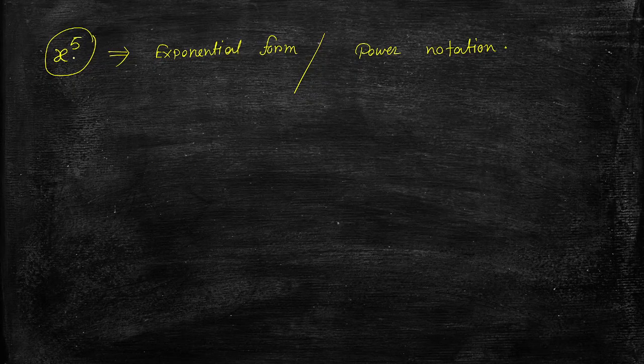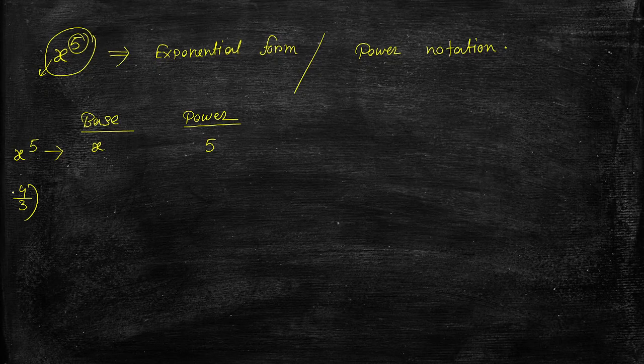In exponential form, there are two things: one is base and one is power. So for x to the power 5, base will be x here and power will be 5. If we take 4 by 3 to the power 9, base will be 4 by 3 and power will be 9.